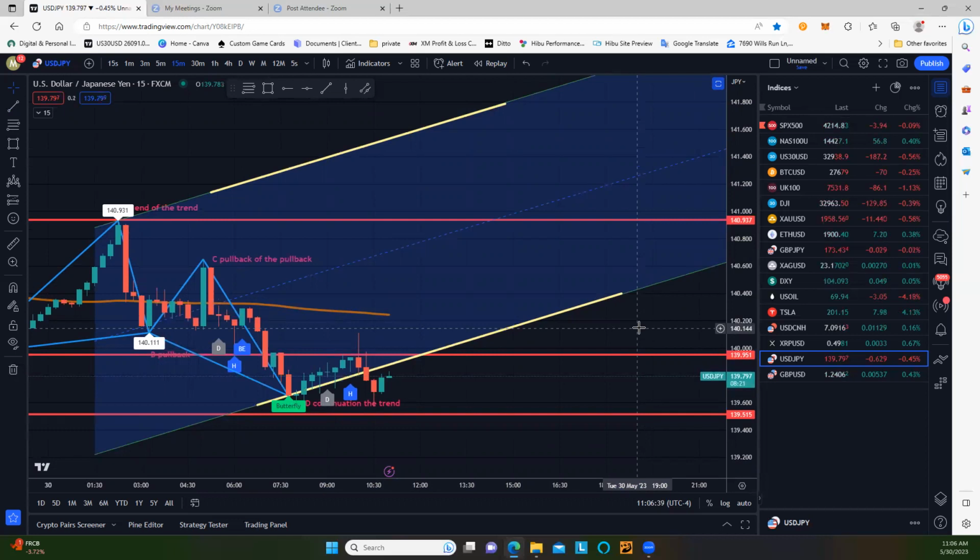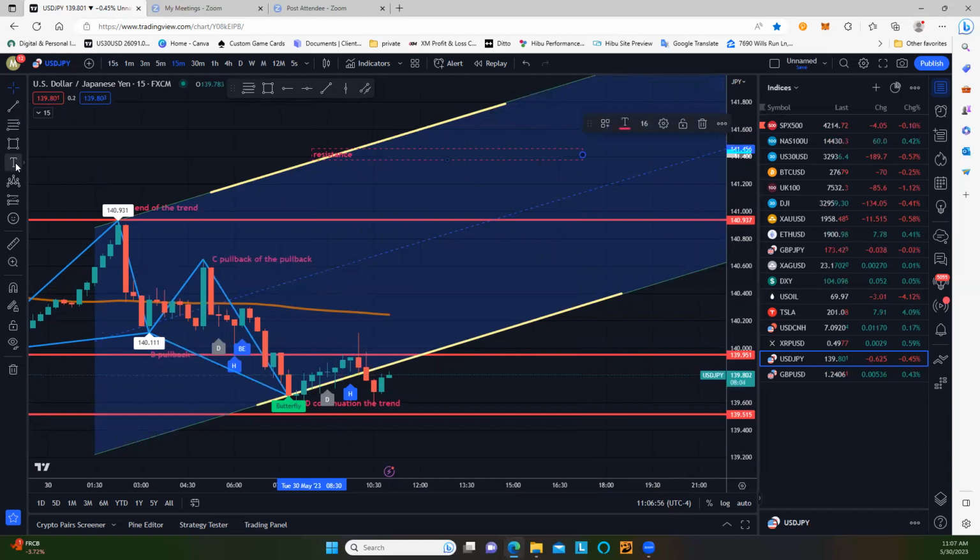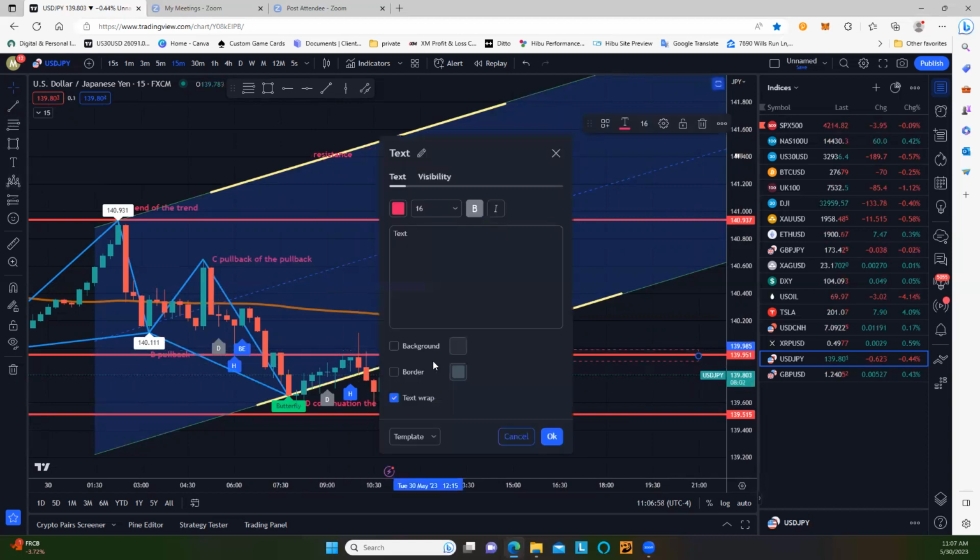So here you have another level of support and resistance. We're going to put resistance at the top. And right now, instead of it being a support down here, it's more of a resistance area.